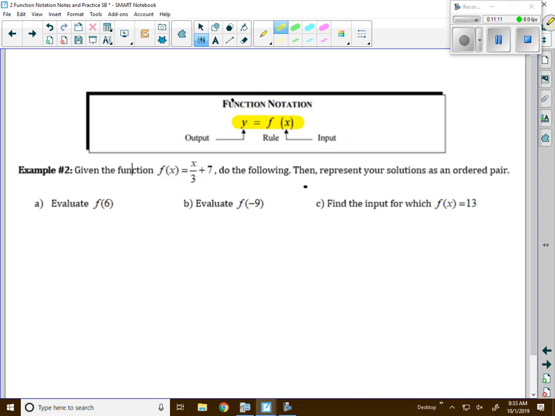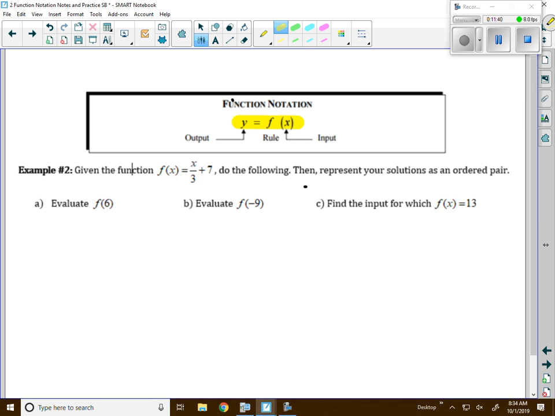Like what English word? It's just a two-letter word. Y, yes. Y is f of x. So when you see equals, okay, think is. Y is f of x. They are the exact same thing. Okay? The only thing that's different is just the way they're written, the way they look. Okay? But they mean the same thing.